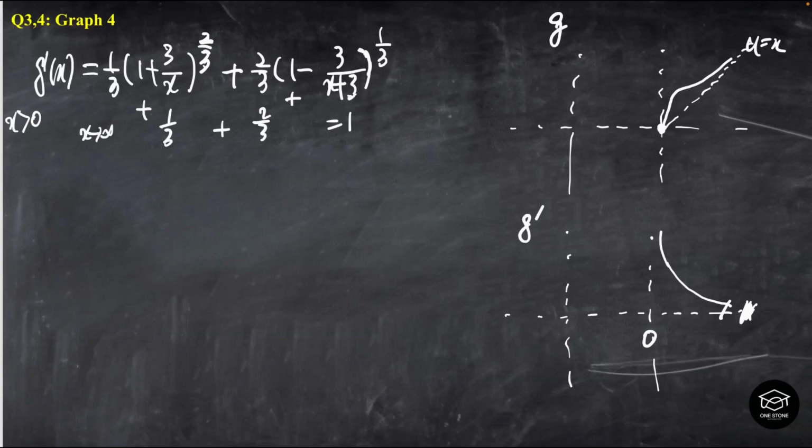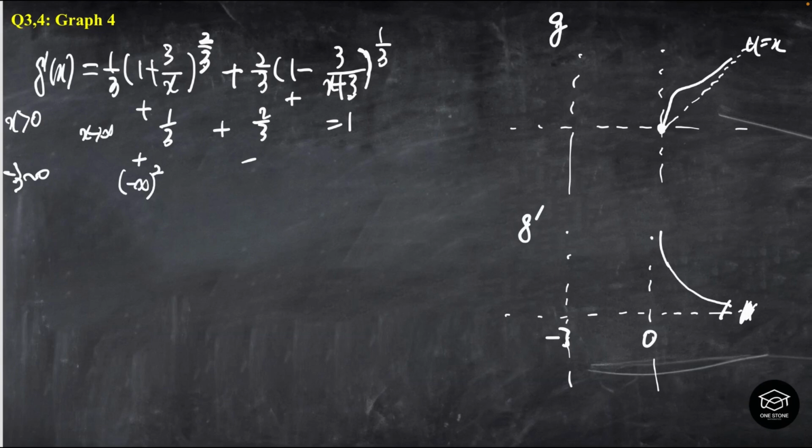Between x equals -3 and 0, the first term stays positive, but the second term becomes negative and dominates. For the first term, that's 1/3 times the quantity 1 plus 3 over x, all raised to the 2/3. As x gets close to 0 from the left, 3 over x becomes very negative.